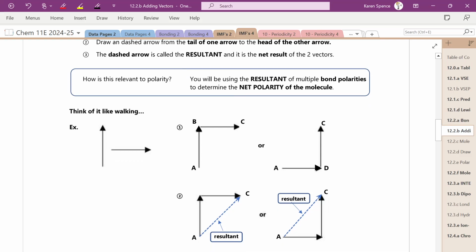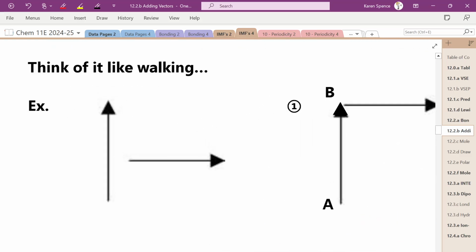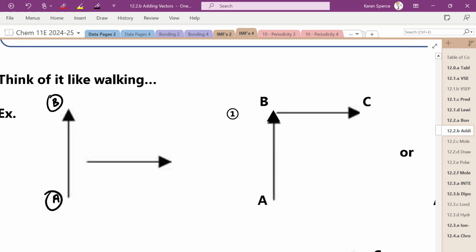Okay, so if I have two vectors and I'm now in 2 dimensions, some are going up and down, some are going left and right. We think of it like walking. If I start at point A and I go to point B, if I want to add the 2 vectors, I have to go from A to B, and then I have to go from B to C. So I need to be able to walk along the entire path.